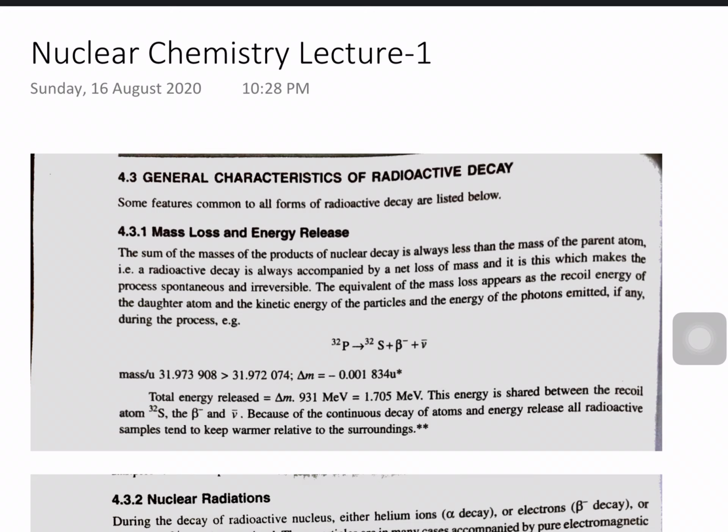Total energy released equals delta M multiplied by 931 mega electron volt equals 1.705 mega electron volt. This energy is shared between the recoil atom, sulfur-32, and beta particle and nu bar. Because of the continuous decay of atoms and energy release, all radioactive samples tend to keep warmer relative to surroundings.